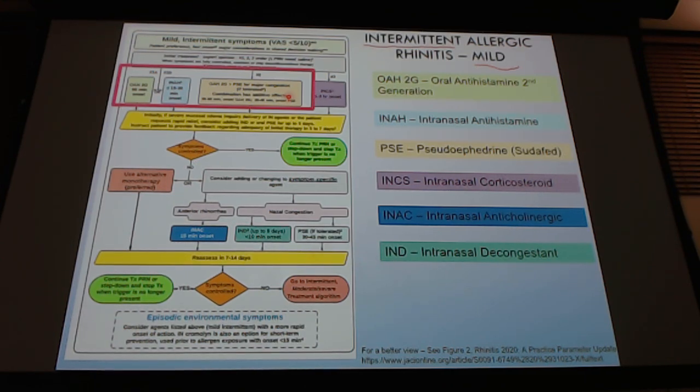Because that helps with the nasal congestion that they have, okay? So that's all this is saying. What you want to do for your mild intermittent patient is give them an antihistamine, whether it is intranasal or oral, doesn't matter. And then if you see congestion, pseudoephedrine. Those are the options that we have.